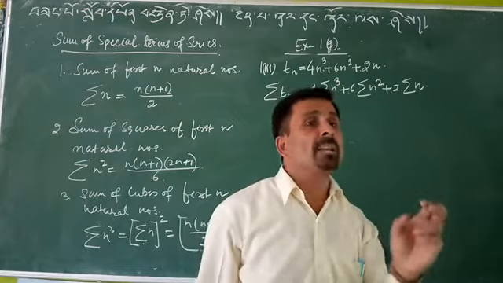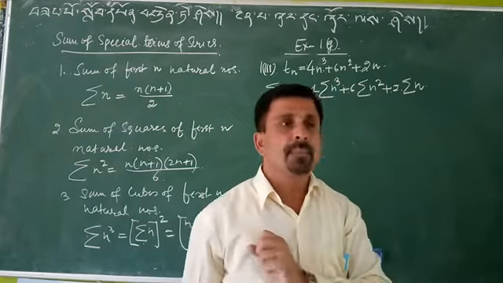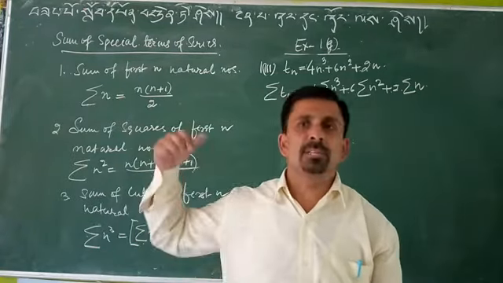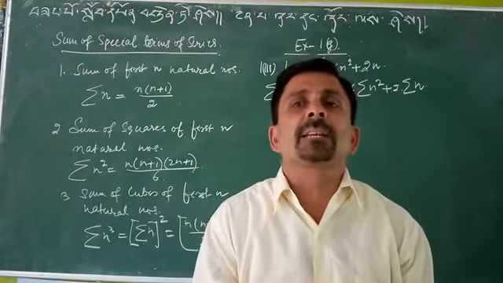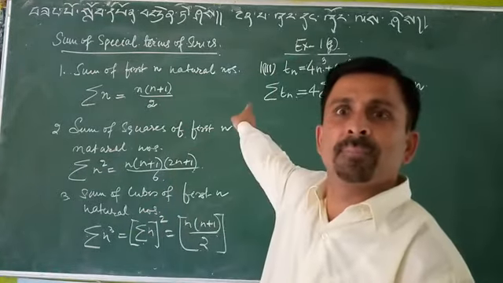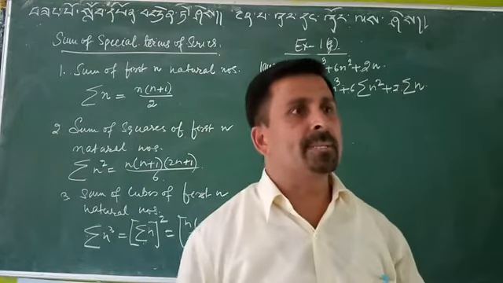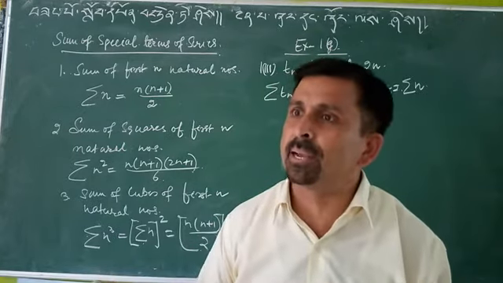This is how we are representing a term of that given series. There is a series which is not visible to you, and that series is represented by a single term. Any series can be represented by a single term.